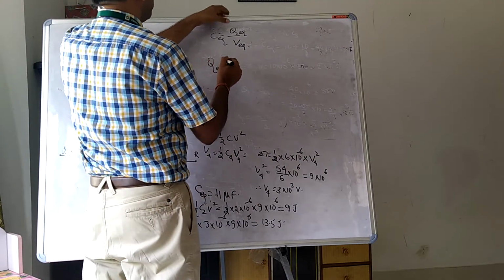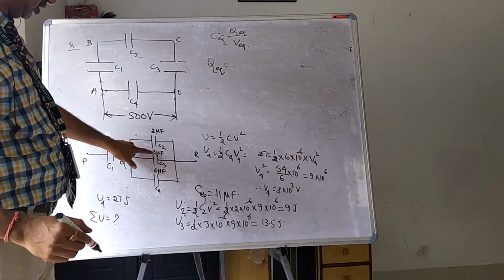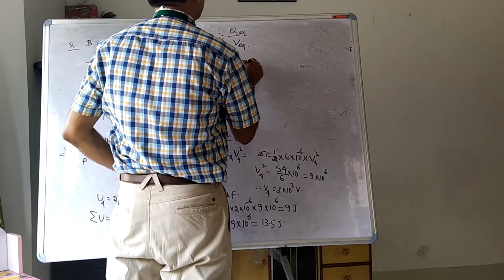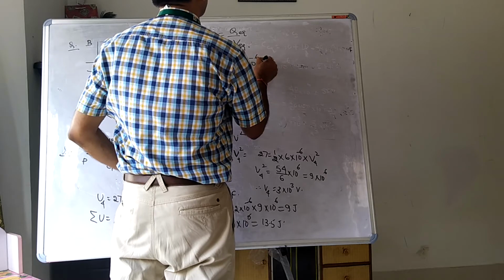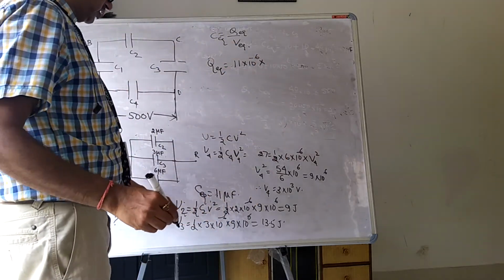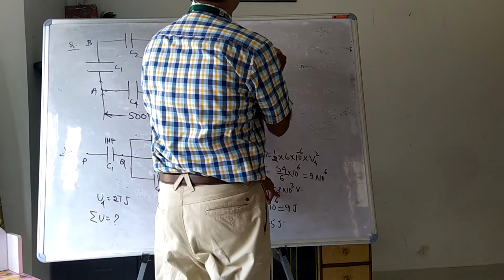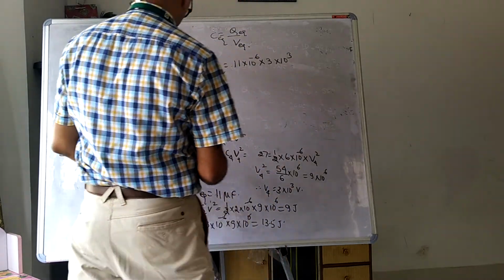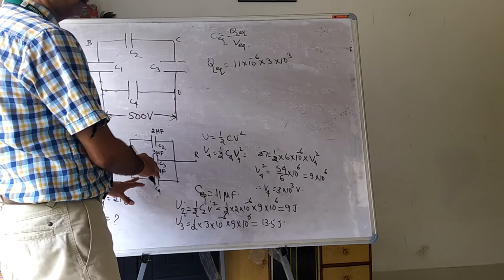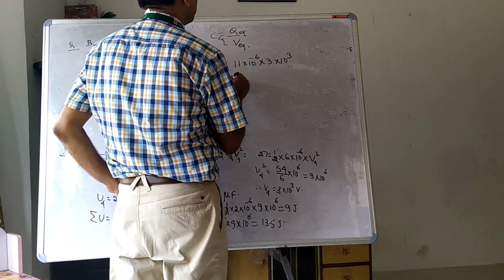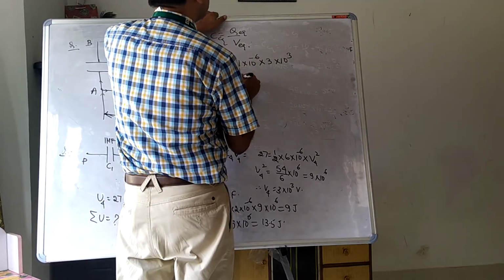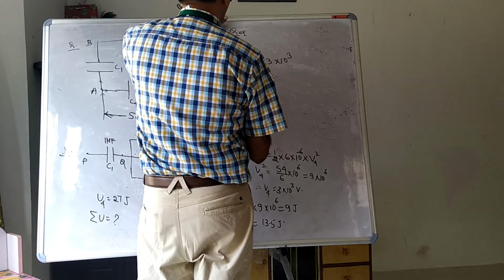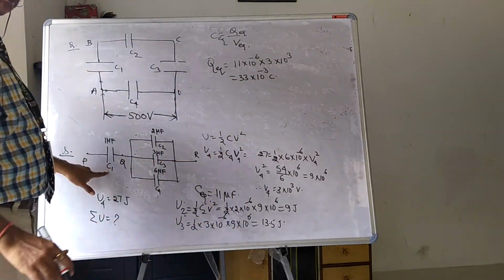The Q equivalent will be C equivalent into V. So 3 plus 2, 5 plus 6, 11. So we have 11 into 10 to the power minus 6 into V. What was the V? V was 3 into 10 to the power 3. So this is the total charge Q equivalent of this combination. So the Q equivalent will be 33 into 10 to the power minus 3 coulomb. Now the same charge will be flowing through this.